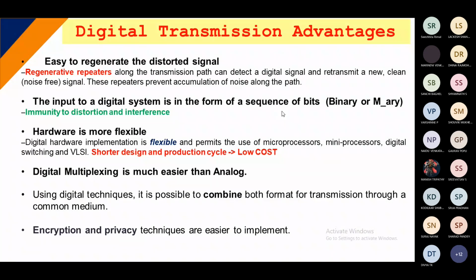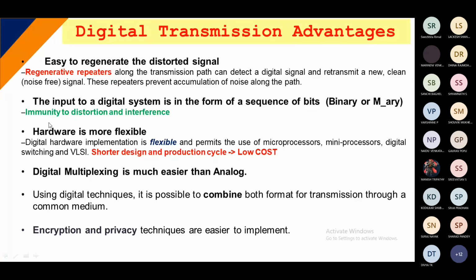If there are 2 bits at a time, we'll call it quadrature phase shift keying, or if it is more than that, we can say that too. So M is a general term, and it depends on the number of bits that are going to be transmitted. That is why we call it binary data transmission, or M-ary transmission in general. And that also has an advantage in the modulation scheme.